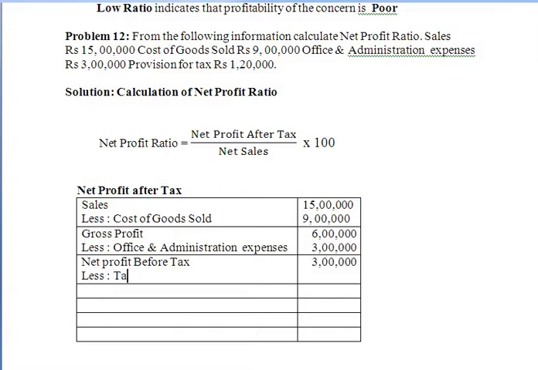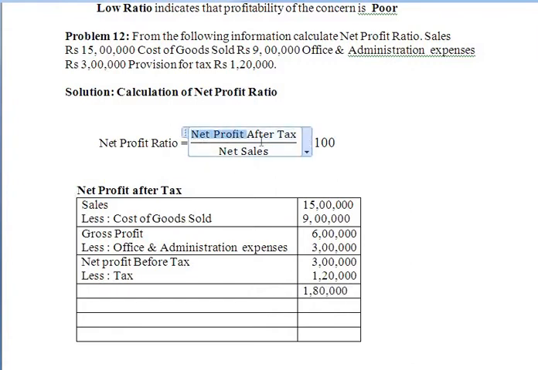What is the amount of tax? Here 1,20,000. Okay, so 3 lakh minus 1,20,000, balance is how much? 1,80,000.